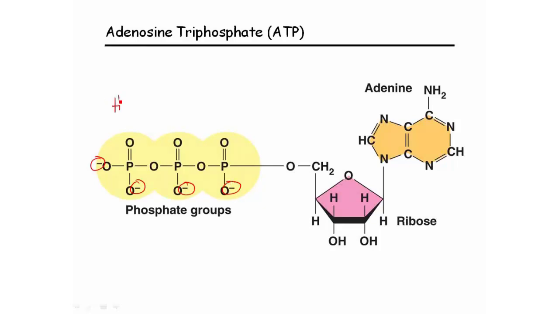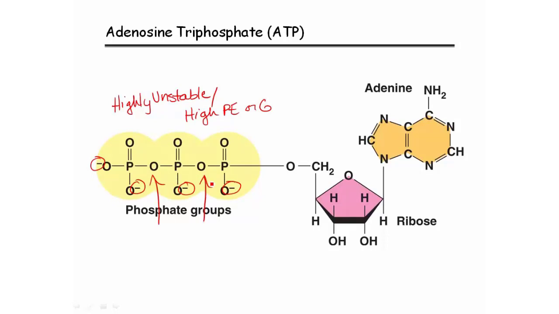This means that this tail is going to be highly unstable. And if we have a tail or this end here that's highly unstable, this means that this is very high potential energy, or high G. So we've got a lot of energy held within that tail. Specifically, this energy is going to be held in the bonds between the phosphate groups.